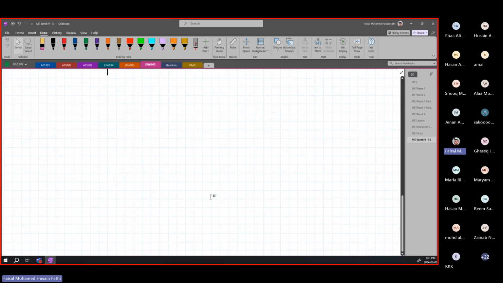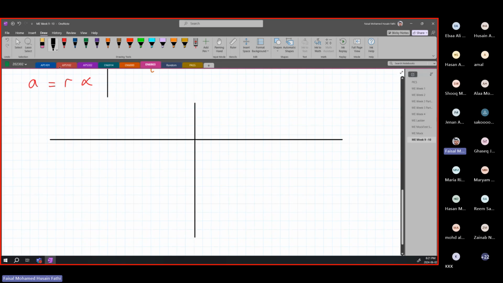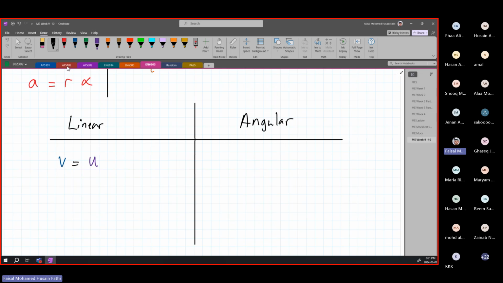So if you remember when we derived some equations for linear motion before, this is the most important thing you need to know over here. We had linear, and this is angular. The first equation you need to know, if you remember, was the basic one, which is v equal to u plus a times time t.